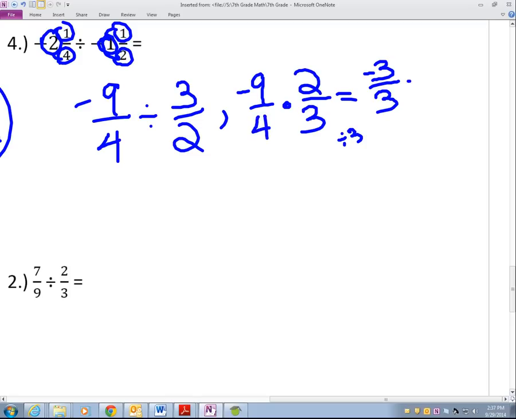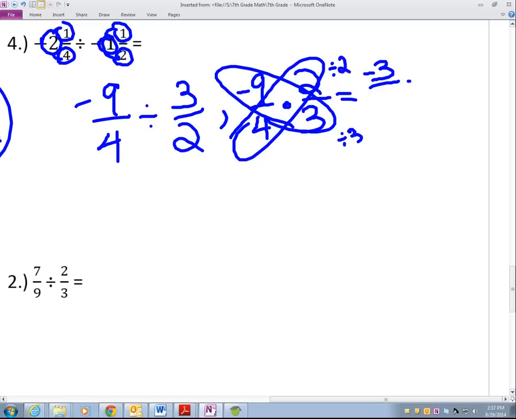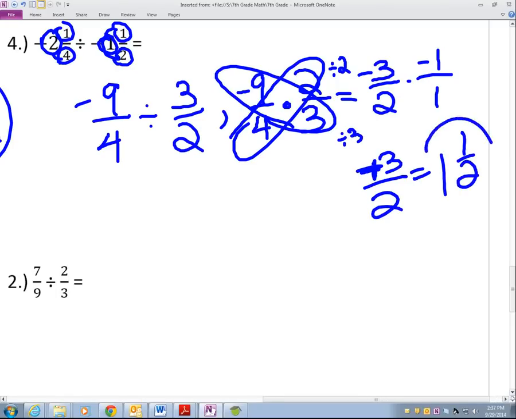So we could also cross that way. That one's divided by 3. This one's divided by 2. So we have 3/2 times 1 over 1. Negative, negative, so it becomes a positive 3/2, which is 1 1/2.